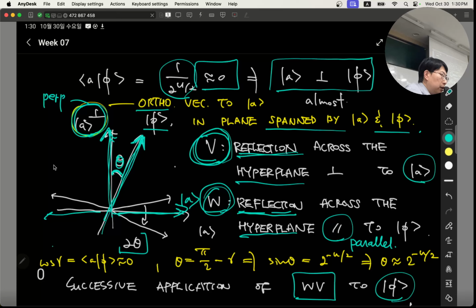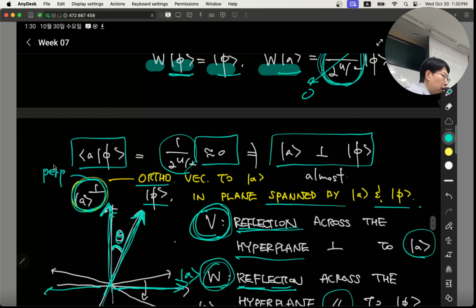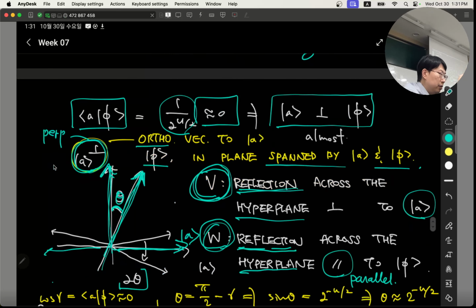As I said, this A and phi are almost perpendicular, and A perp is actually perpendicular to A. Therefore, A perp and phi are almost parallel. That means theta is almost equal to 0, but not 0. So there is still some angle between them.